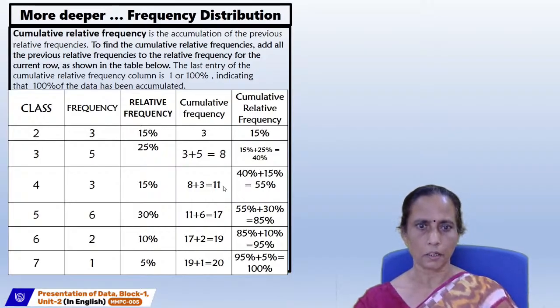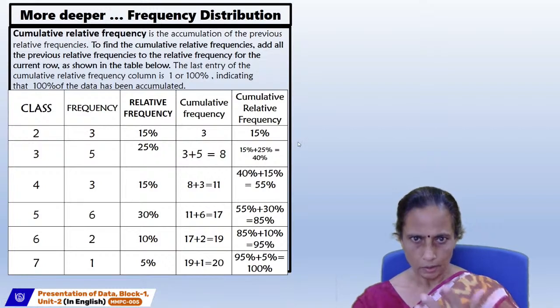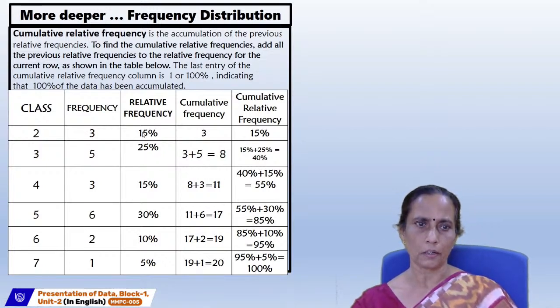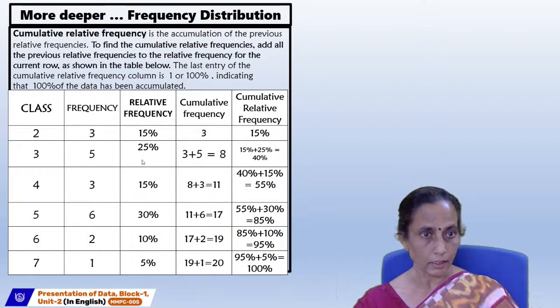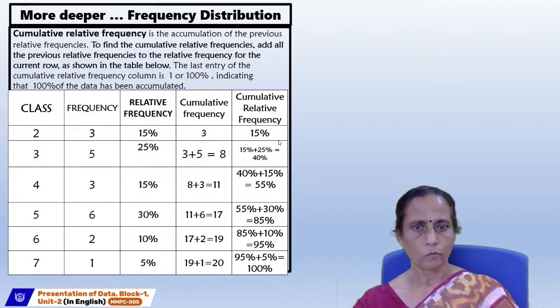This is 6 plus 11 and so on. The relative frequency of this class is 15%, so this is also 15%. The next one is 25%, so over here it should be 25 plus 15, that is 40%.